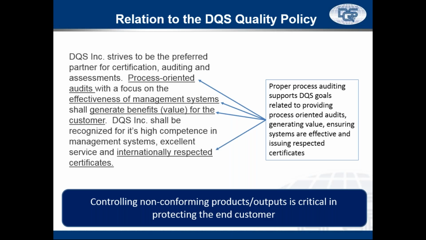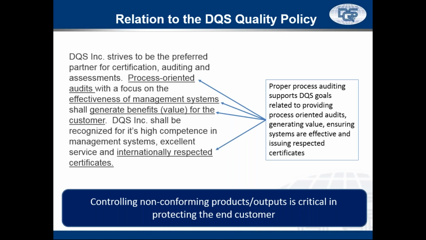Process-oriented audits is what we want to deliver, and this topic fits into an audit of production and then a standalone audit of the sampling of records for the disposition of non-conforming product. We also want to focus on the effectiveness of the management system and generate value for the customer.